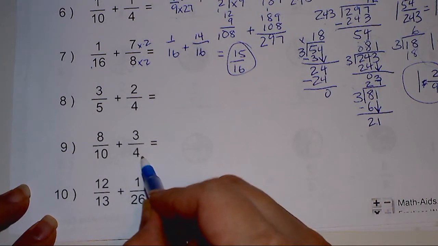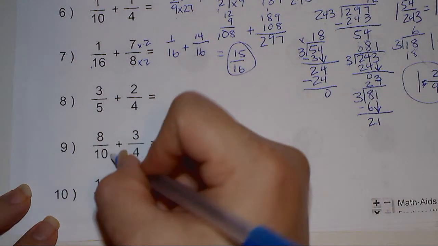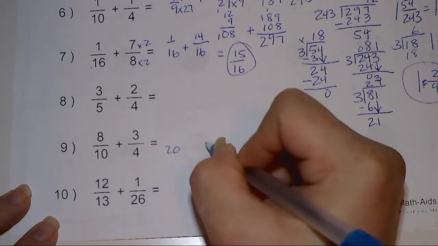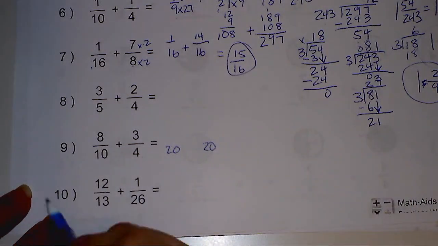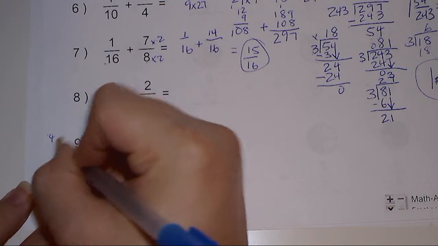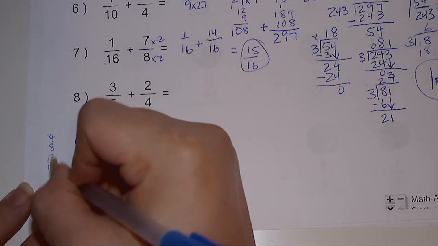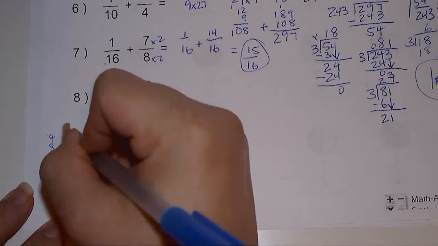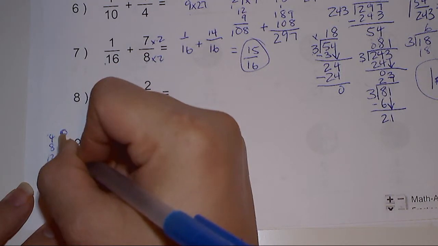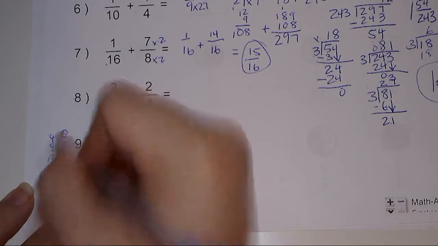10 and 4. So if you look at this and you know your denominators, the common denominator would be 20. And again, if you can't do this, you might want to write somewhere on the side your multiples. 4, 8, 12, 16, 20, no, it's already 10. 10, 20, 30, 40, and 20 and 20 matches.